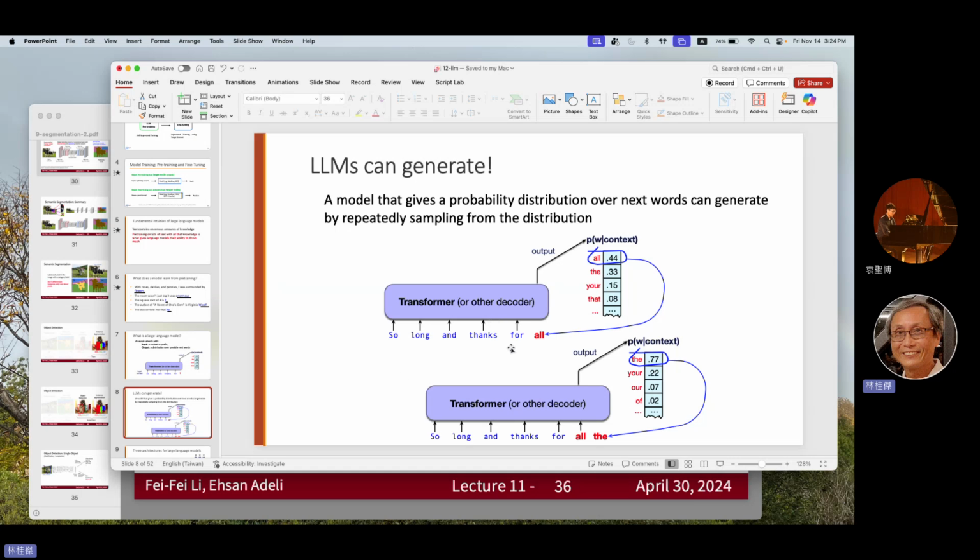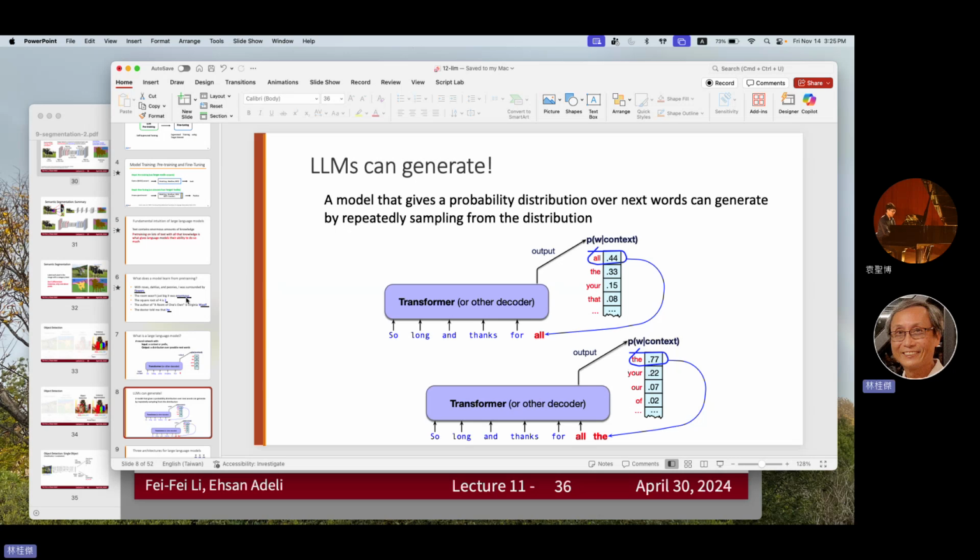So if you give something like this, you can have a model which will be able to continue to predict what the next word is going to be. If you choose all, because it has the highest probability, then you take this whole thing together, add the word you have just chosen, and THE should be the next one.